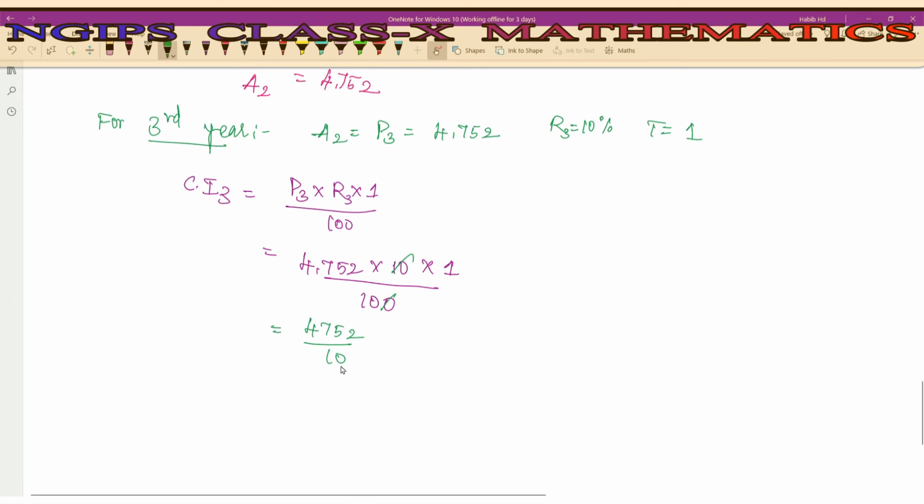If you look at this, dividing by 10 moves the decimal one place, so I can write 475.2. This is the compound interest for the third year.